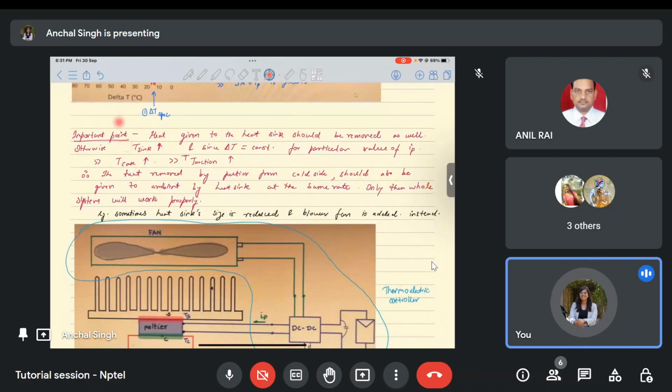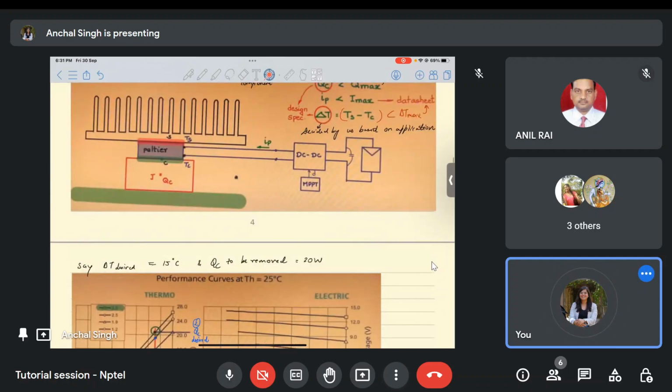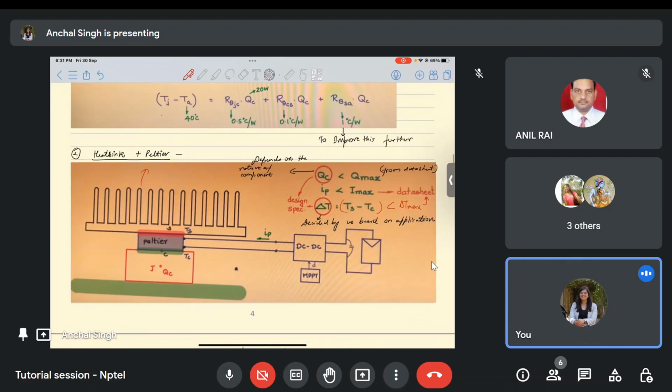Again, the point that we have been talking about is we need to make sure that the heat from the sink is removed to the ambient. Otherwise, all this heat will come to the component again. This kind of flow will be happening here. We need to pump this heat outside to the ambient.